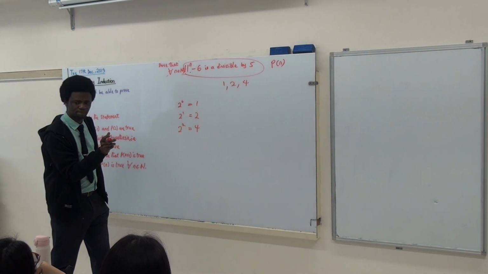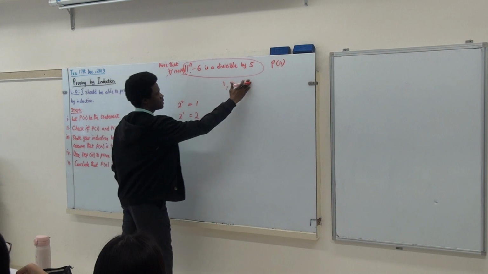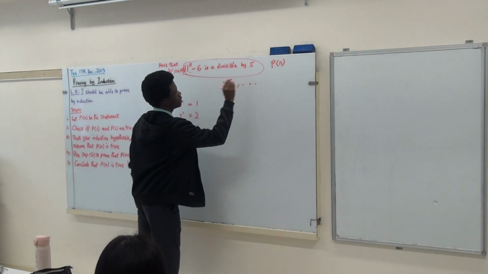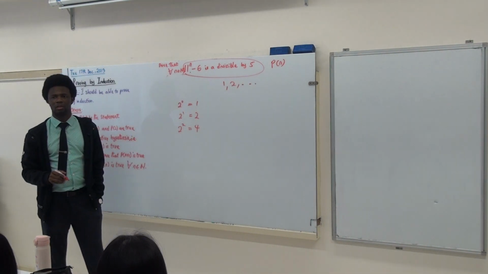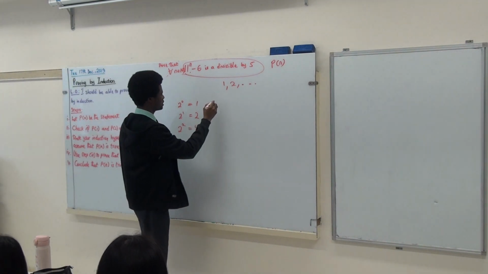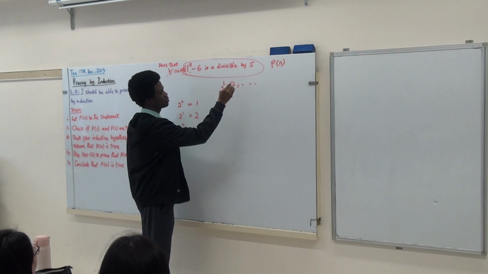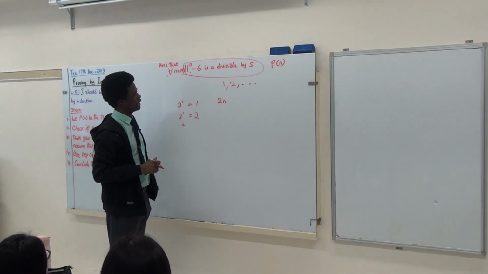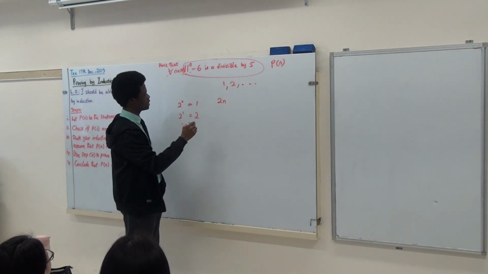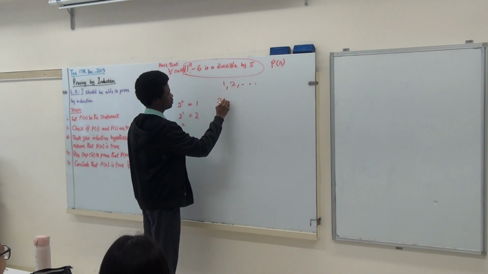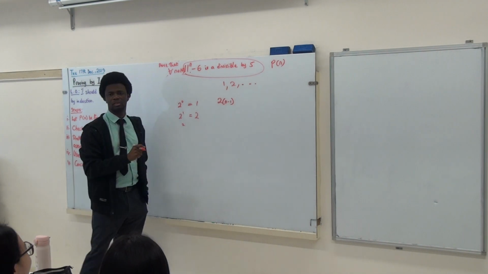No. Maybe I stop at the first 2. I write this. Somebody claimed that all you have to do is 2n to get it, or let's say 2n minus 1, to get this.